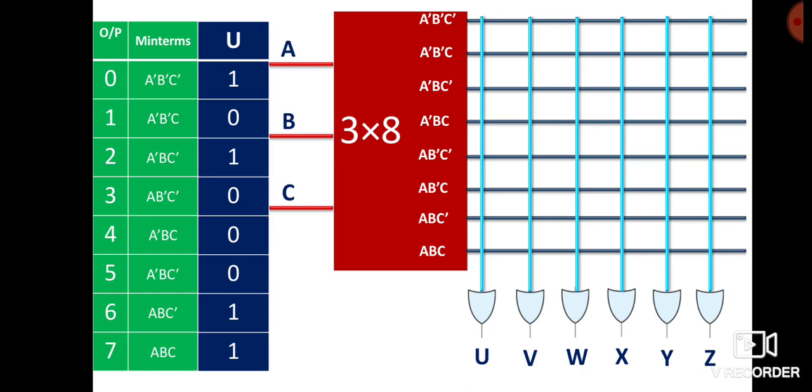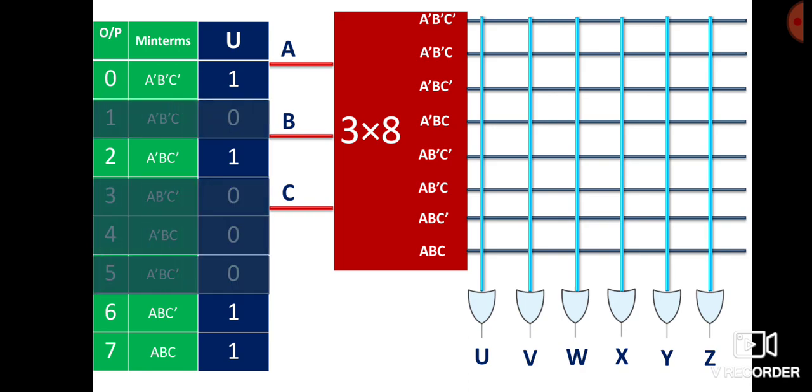For the rest, I don't have to do anything, so just to highlight them, I have blacked out the rest of the outputs. Now as you can see, I want my output to be high for this U at 0, 6 and 7 only. Okay, so that's very simple.